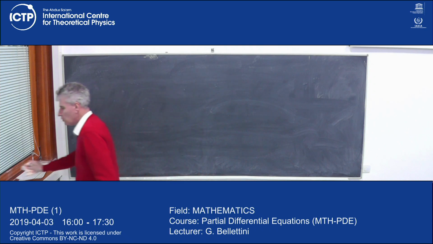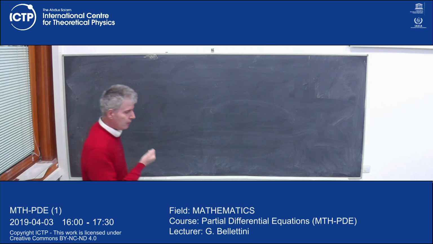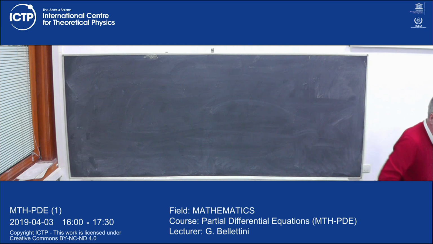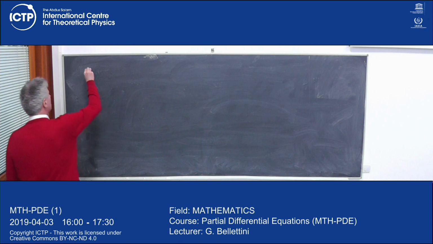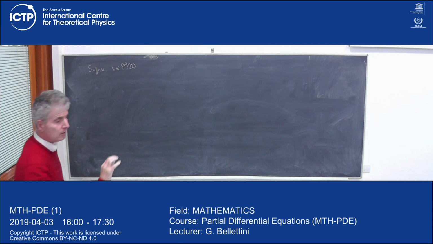Now it's interesting to ask a more difficult question. We have seen that if f is holomorphic, then u and v must be harmonic. Now there is a sort of opposite question. Suppose u in C2, always in 2 dimensions, is harmonic.